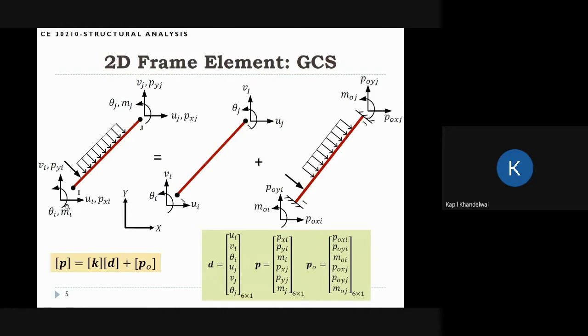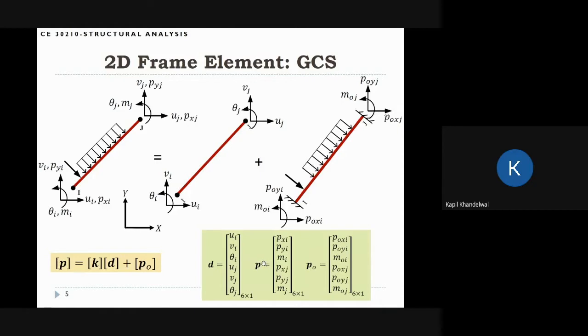So the degrees of freedom are Ui, Vi, theta i, Uj, Vj, theta j. So there are 6 degrees of freedom for a frame element. And what we want to do is calculate all these forces here. So again, forces are also expressed in the global coordinate system. So these are Pxi, Pyi, Mi, Pxj, Pyj, Mj. See, these are the 6 forces.